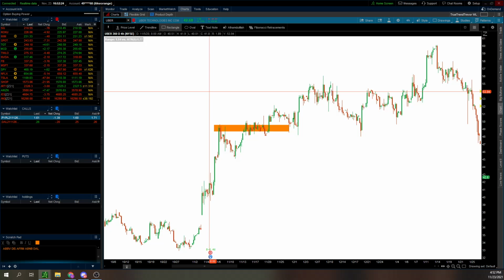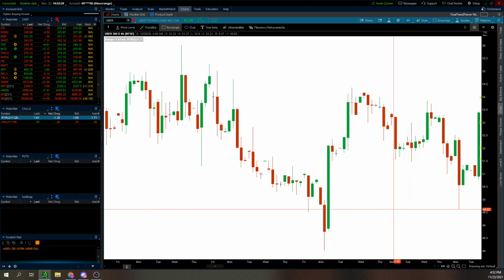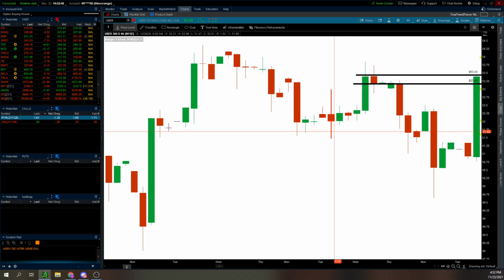It's a downtrend. Let's see if I can find one in this right here. I don't see one too much. Right here. Perfect example. You get your rally base and then drop.